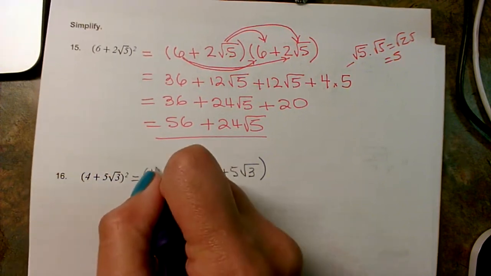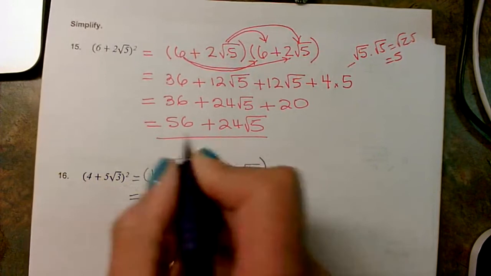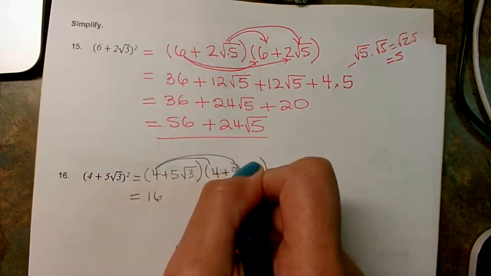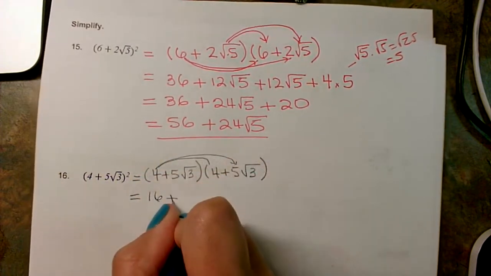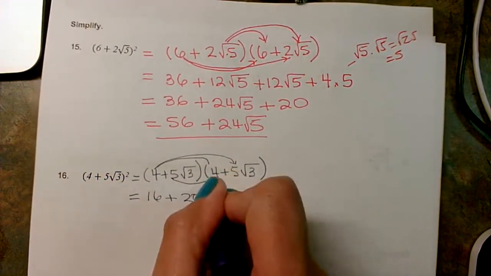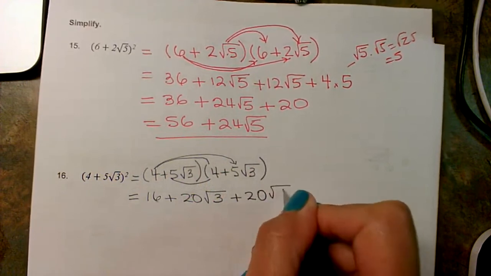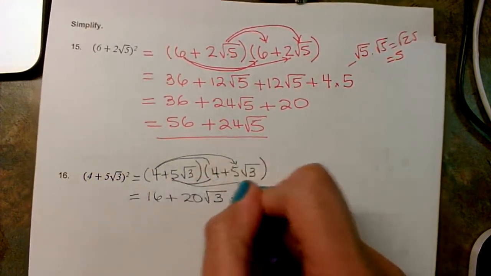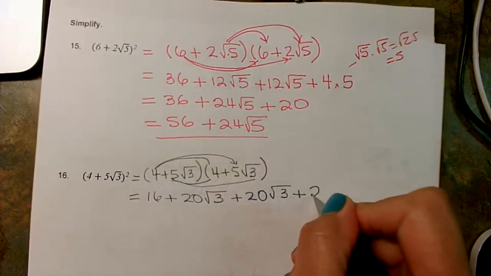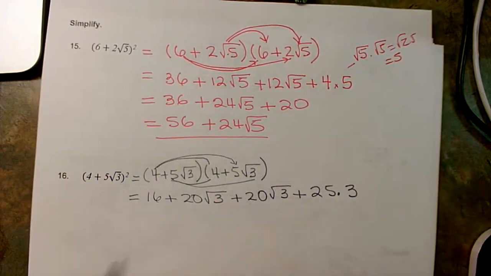So let's do it. This is 16, 20 square root of 3, 20 square root of 3, 25, and times 3.